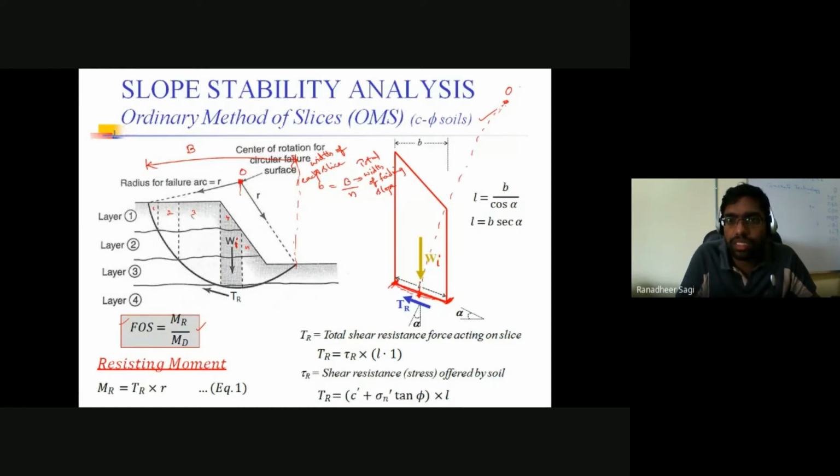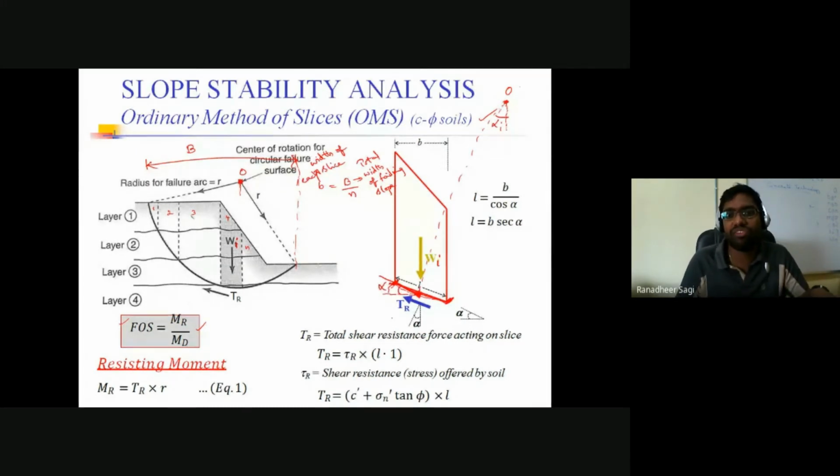It is the angle made by the failure arc at the mid distance position at the base with the vertical at the center. That I can call alpha_i. Otherwise, I can also call it the slope of this failure surface at the mid distance position, which is nothing but alpha_i.